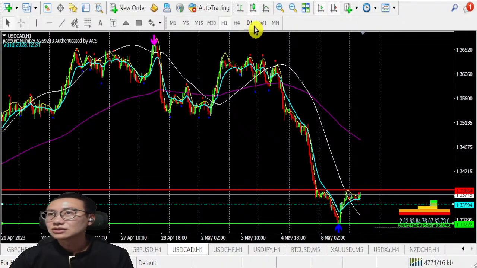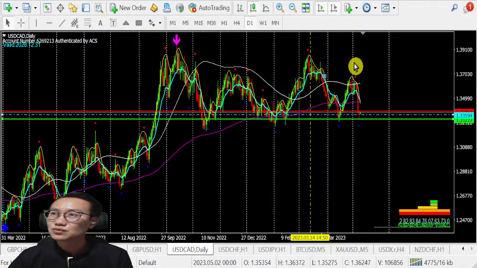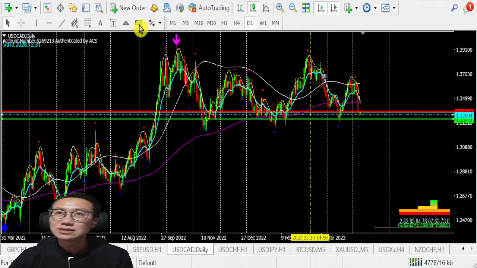But for dollar CAD, generally, we are now coming into this area here. You can see it's a very big ranging here. In this ranging, it tested one level, and now it's going back to test the low level of the ranging. If you can see the chart, you will see this.